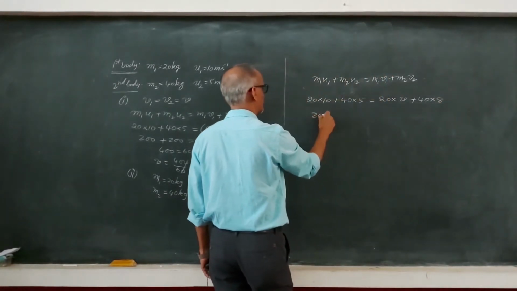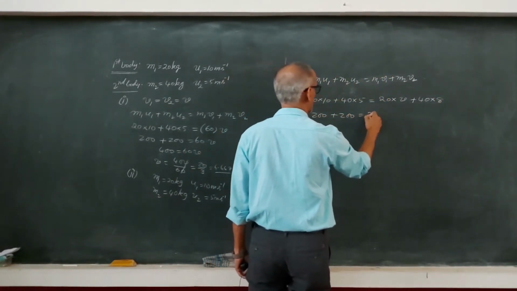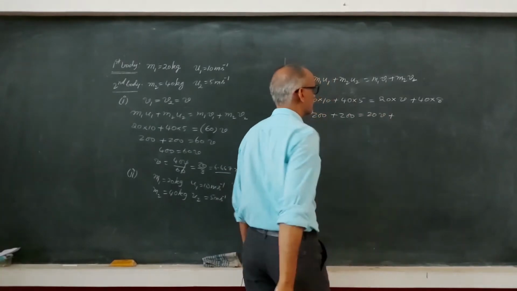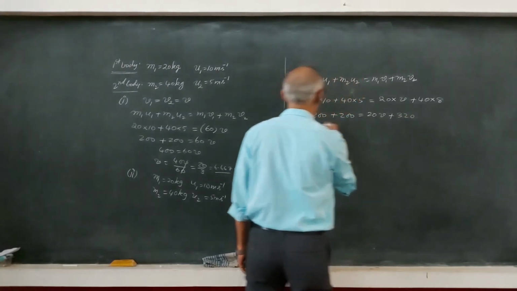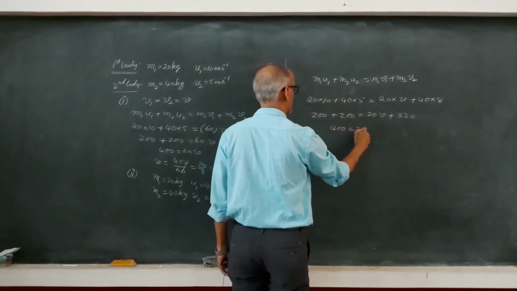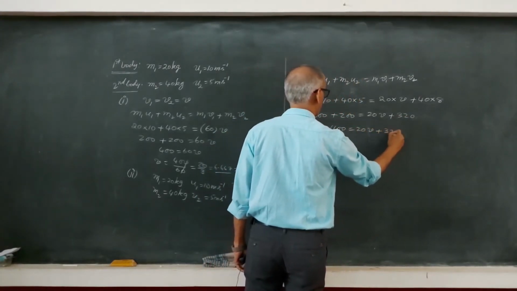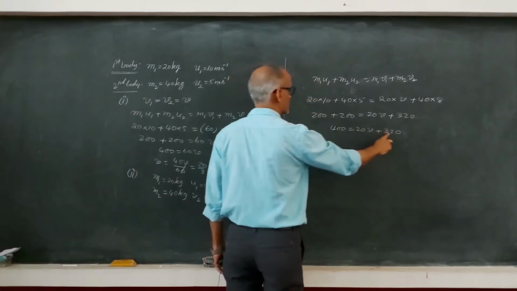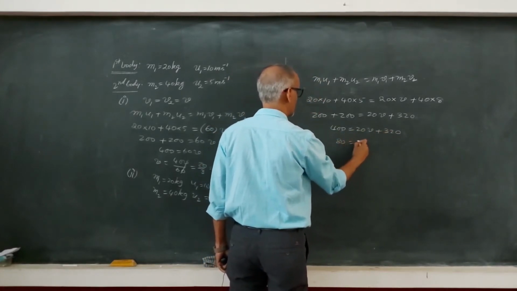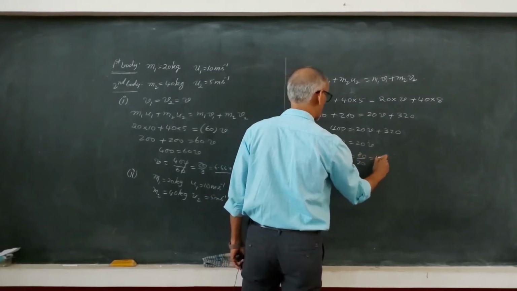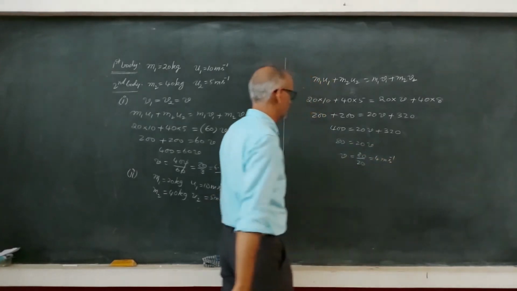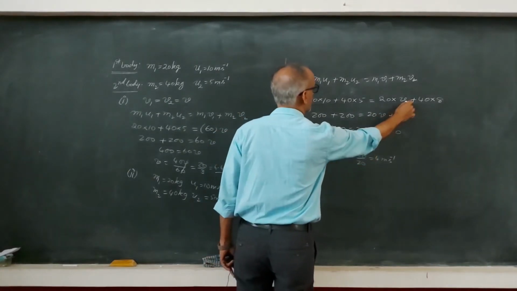So this is 200, this is 200. That's equal to 20 v1 plus, 8 4s are 32, 320. So 400 is equal to 20 v1 plus 320. 400 minus 320 is 80, equal to 20 v1, and v1 is equal to 80 by 20, which is 4 meter per second. That is v1.